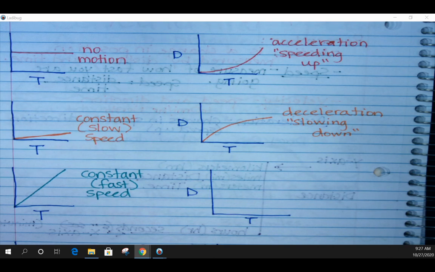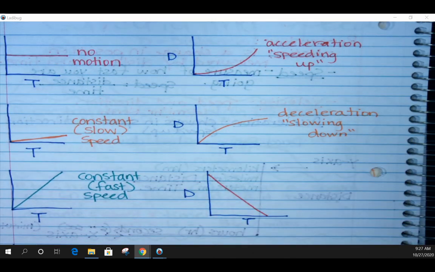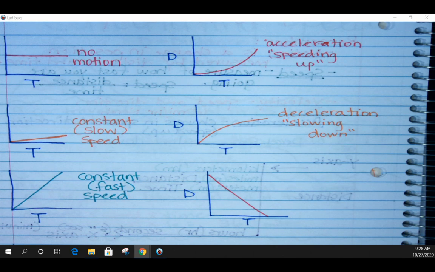What about this line? A major deceleration. What do we call that? Look which way it's going. What do we call it when a line goes back down to the line like that?